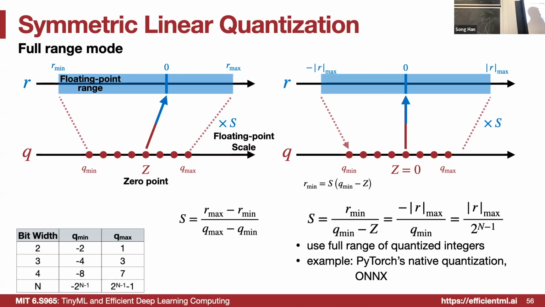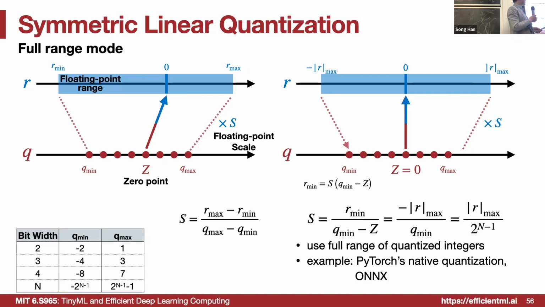And we can also use this equation to calculate it as R min divided by Q min minus Z. In this case, if Z is 0, then we can directly calculate that by minus R max versus Q min, which is R absolute value max divided by Q min. So this is the PyTorch native implementation and also the ONNX implementation.